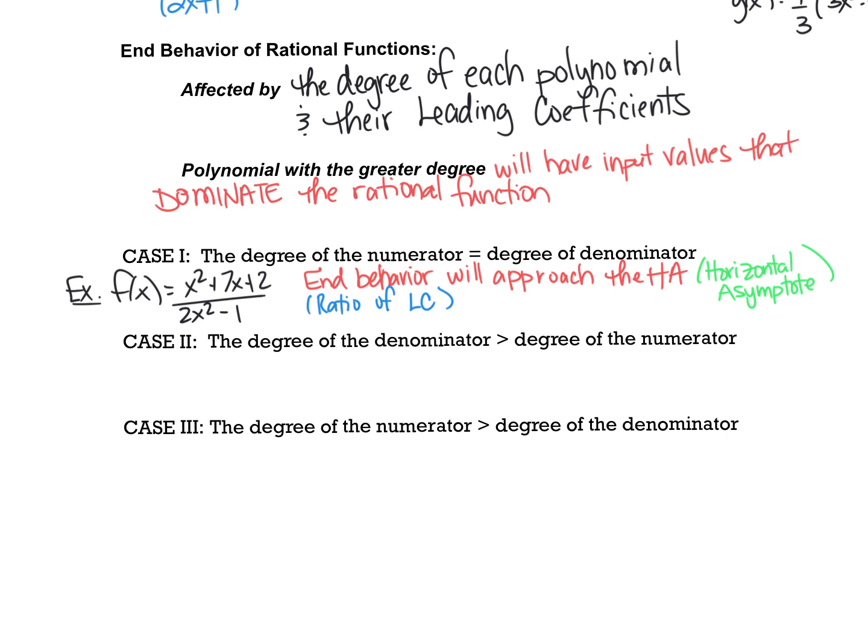HA stands for horizontal asymptote. So our end behavior will approach our horizontal asymptote. How do we get that? It's just the ratio of those leading coefficients from the numerator and the denominator.